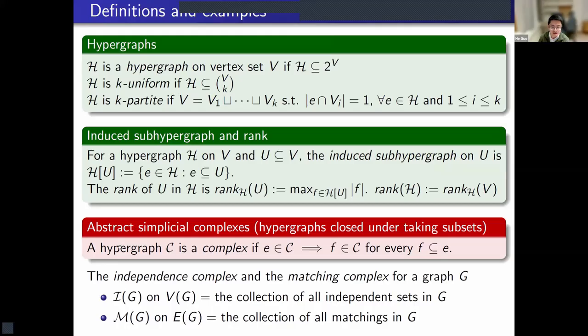All right. So we have the complex, that is, a hypergraph whose edges are closed down under taking subsets. Here are some examples.